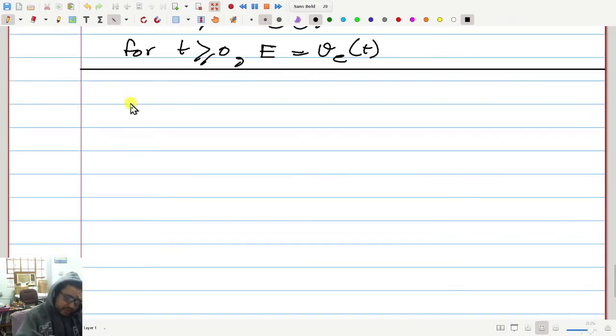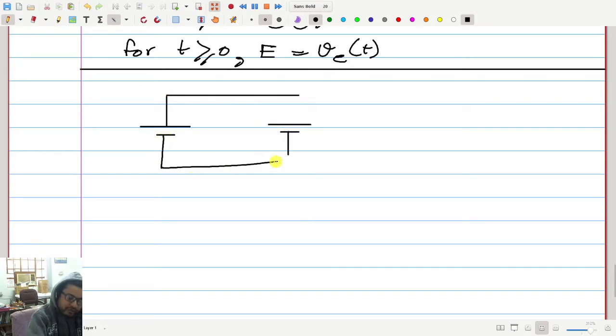Also, one student was asking at the beginning what happens if we connect two batteries of different EMF like this. Suppose E1 and E2 are not equal. Again, this circuit has no solution.